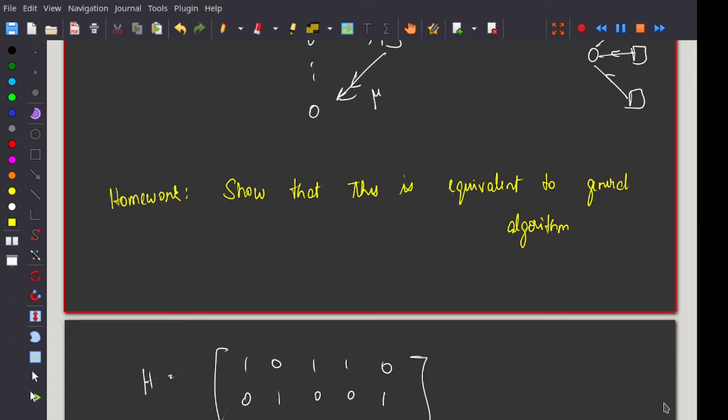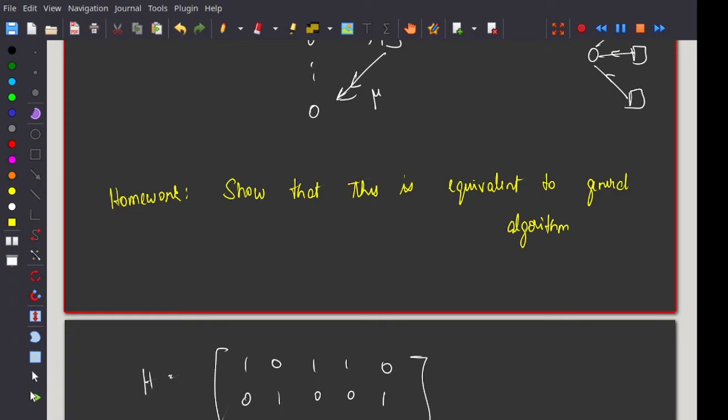So I'm going to simulate this for transmission over a binary erasure channel with erasure probability 0.05 and so on, all the way up to 1. I'm going to use a block length of 100, and n minus k is going to be equal to 50.